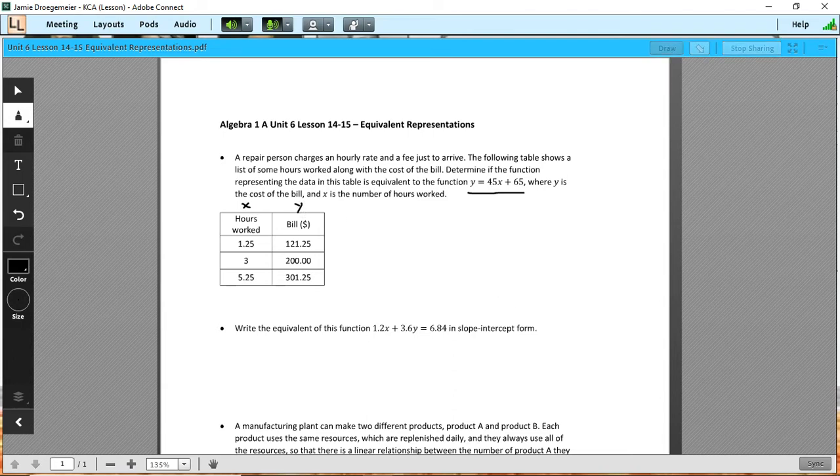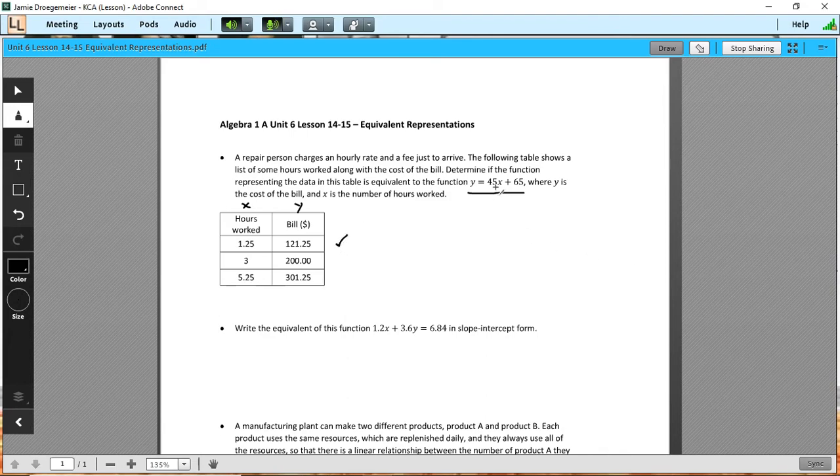If I take 1.25 and multiply it by the 45, 1.25 times 45 is $56.25. Add that to the $65, and I do get 121.25. So that looks good.